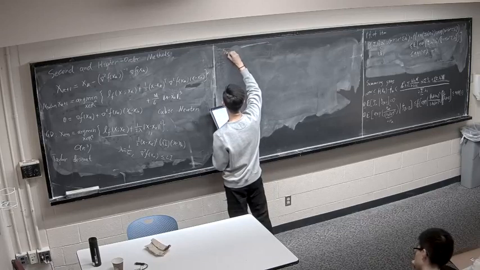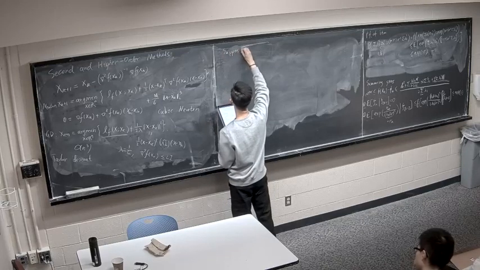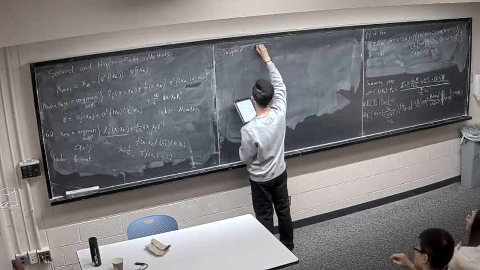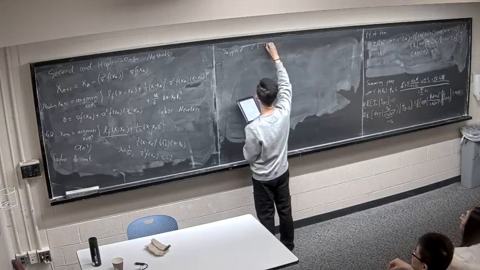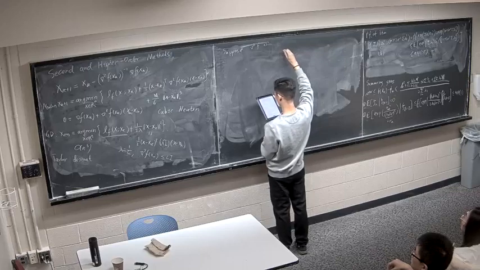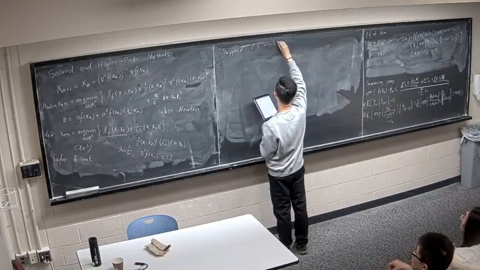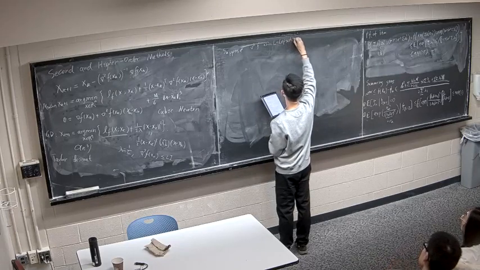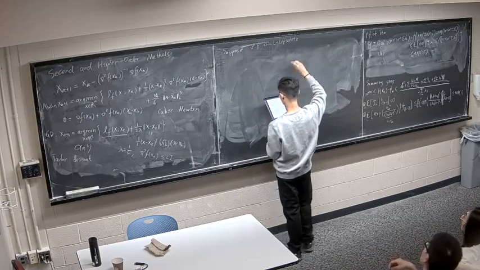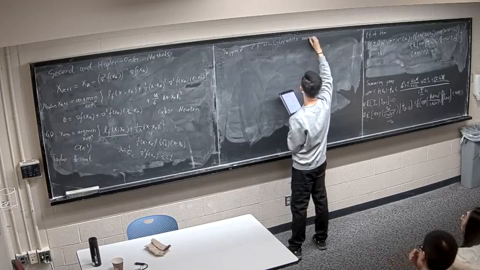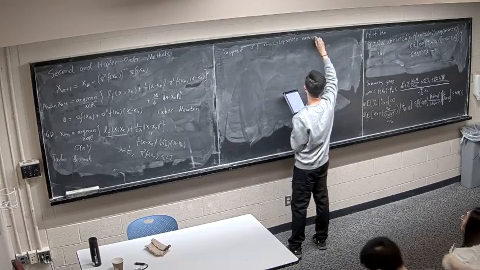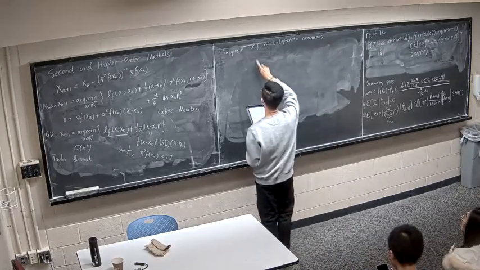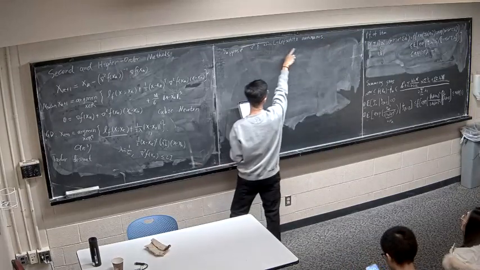Okay, so suppose the Hessian is now L Lipschitz continuous.